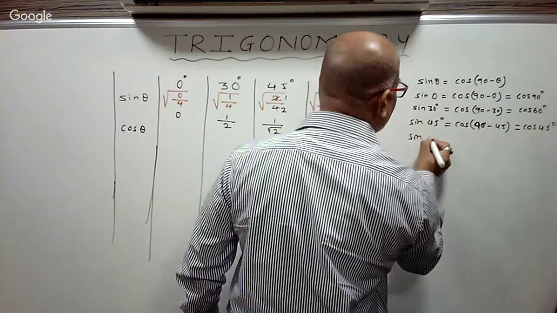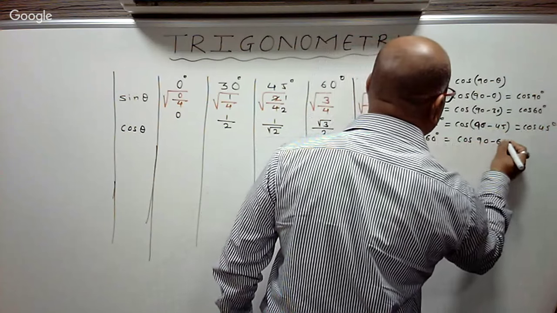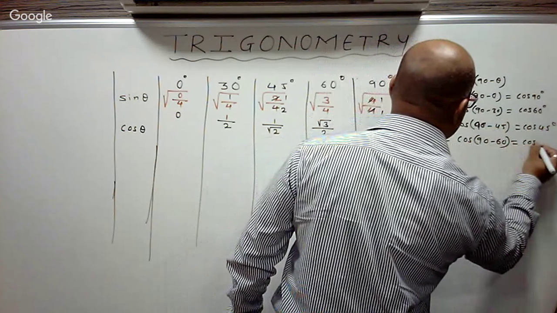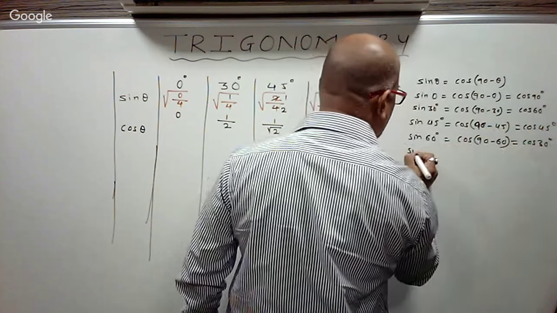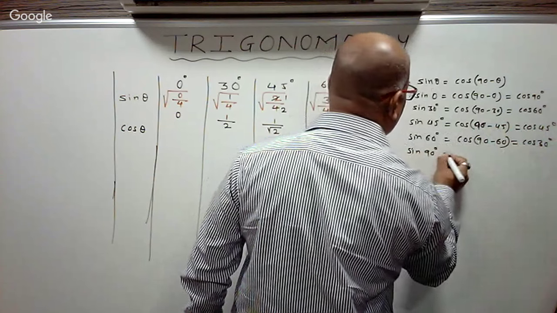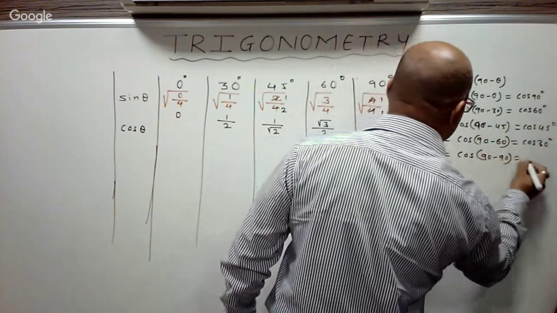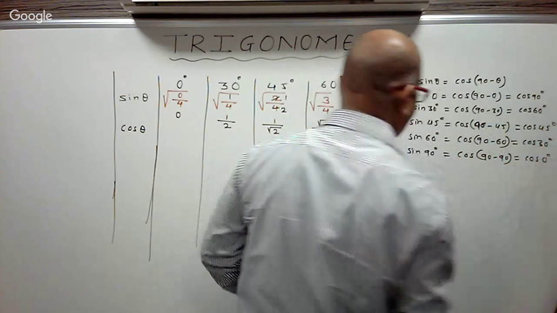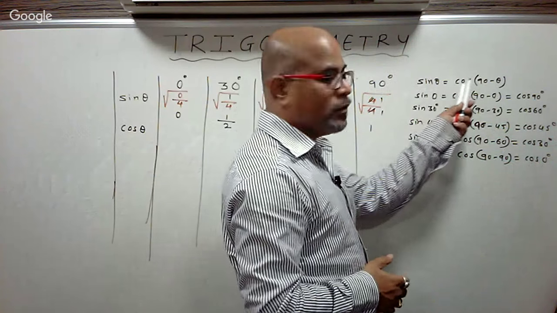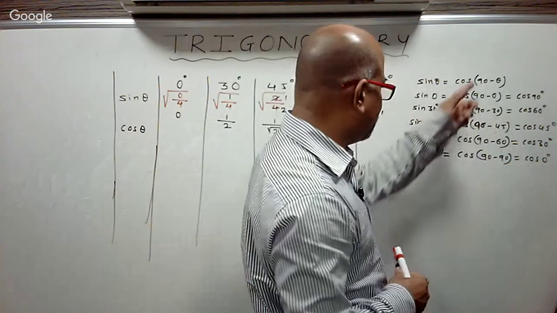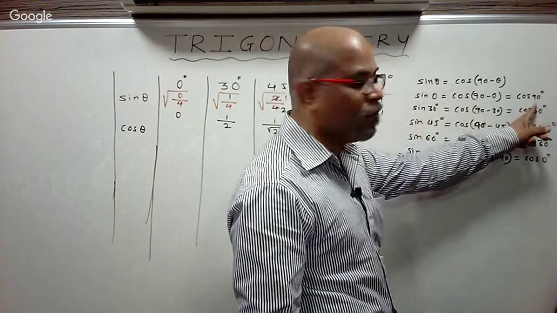Then sin 60 degree equals cos 90 minus 60, that is cos 30 degree. 90 minus 60 is 30, and then lastly sin 90 degree equals cos 90 minus 90 equals cos 0 degree. Again I am repeating, sin theta equals cos 90 minus theta, we already have the formula. Then sin 0 equals cos 90 minus 0, cos 90.